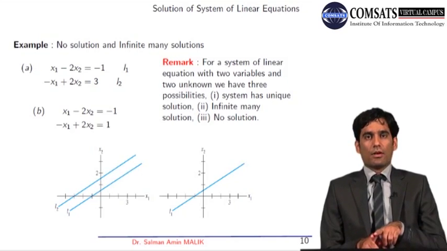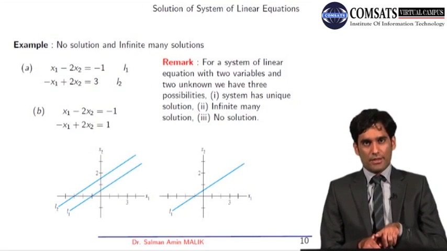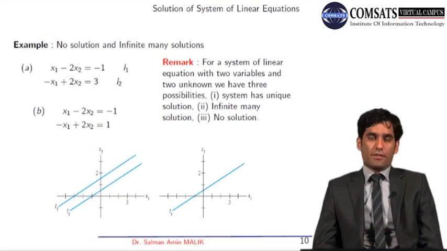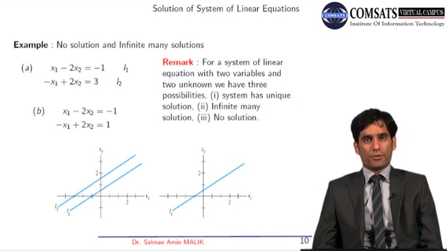So every point on one line also lies on the other line. So we have infinitely many solutions. It's the possibility that we have infinitely many solutions for a system of linear equations, such as this example in 2-dimensional space, or a system of linear equations with 2 variables.